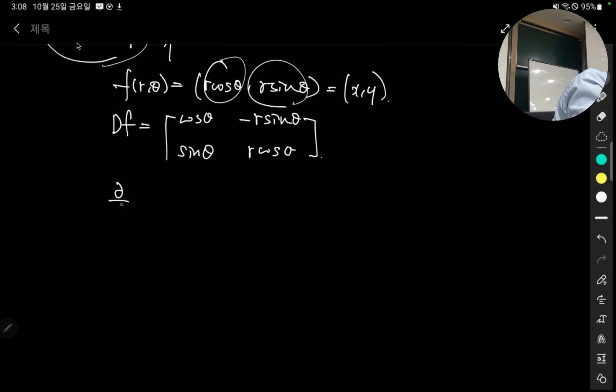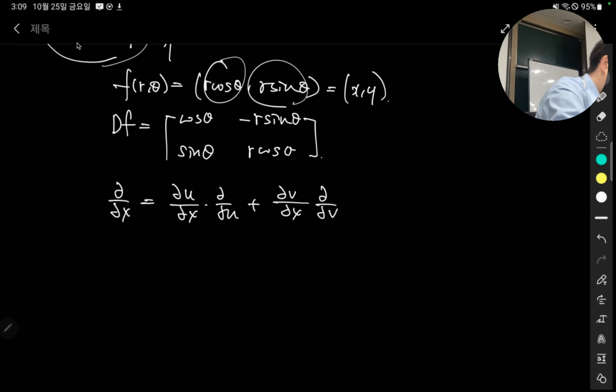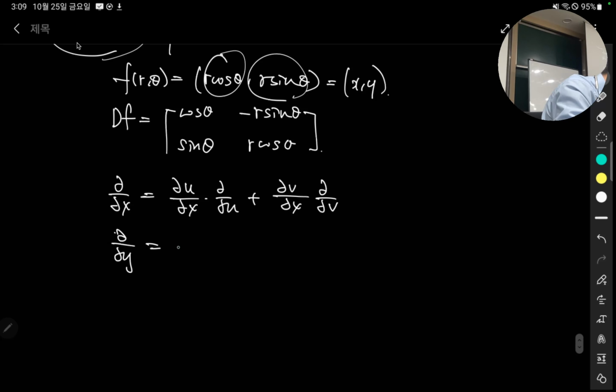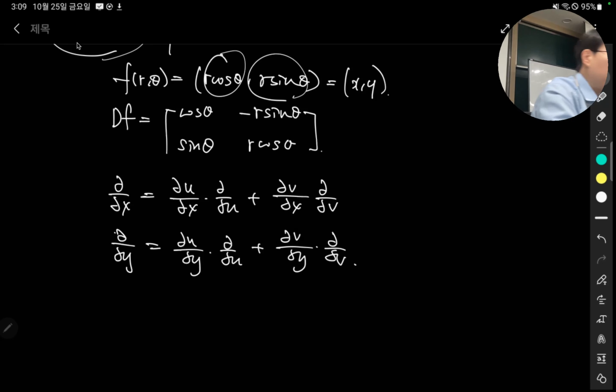So del x is the same as del u del x del u, and del v del x del v. So that's the chain rule. And another equation is del u del y del u, and del v del y del v. So this is the chain rule that I introduced last time.